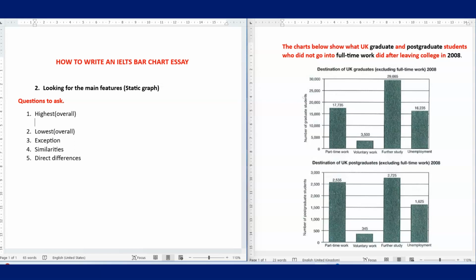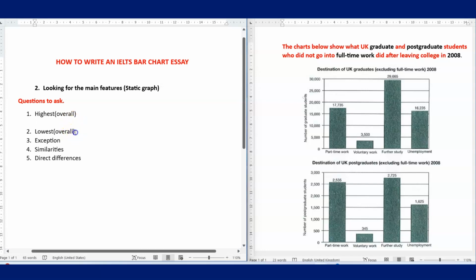But in all, we can see that in both stages, the students intended to further their education instead of going for full-time work. So furthering education is the one that was the overall highest, in both categories of students, the graduate and postgraduate.